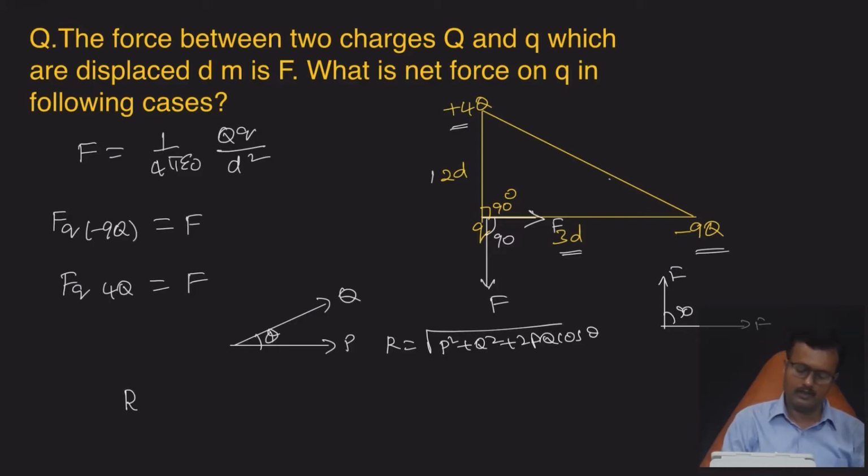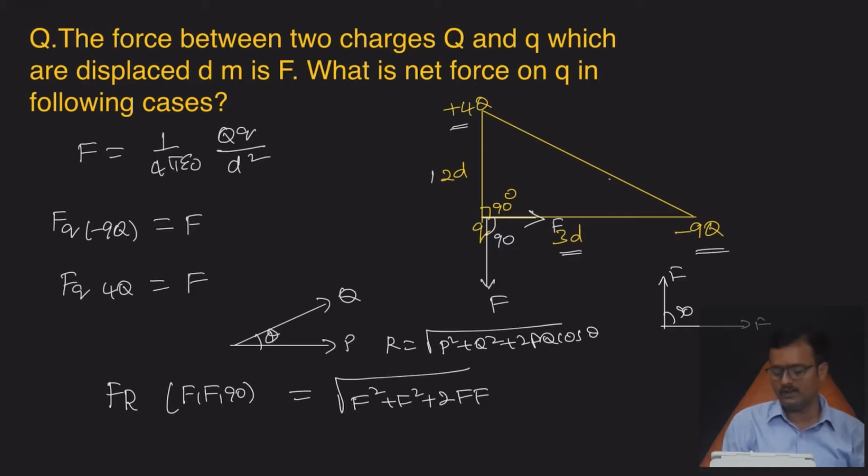The resultant force of F and F, which make 90 degrees, is square root of F square plus 2F into F cos 90, which is 0.